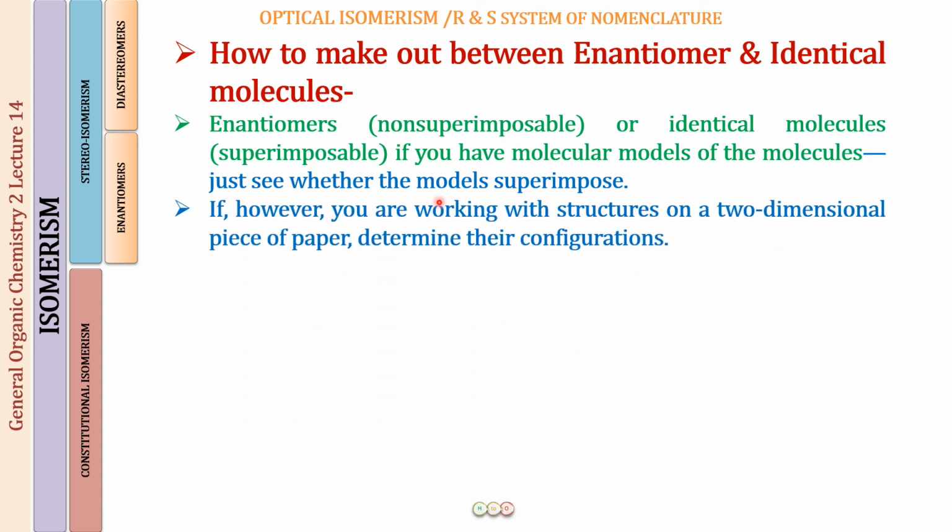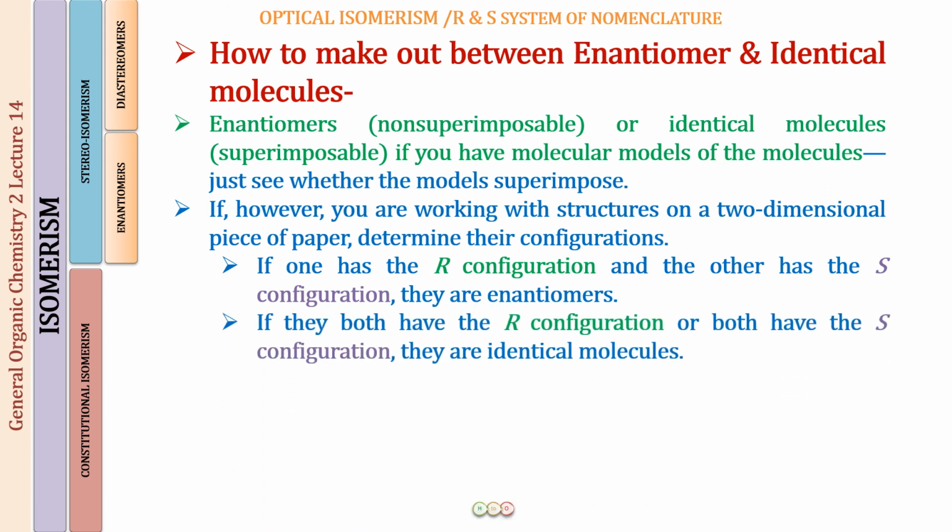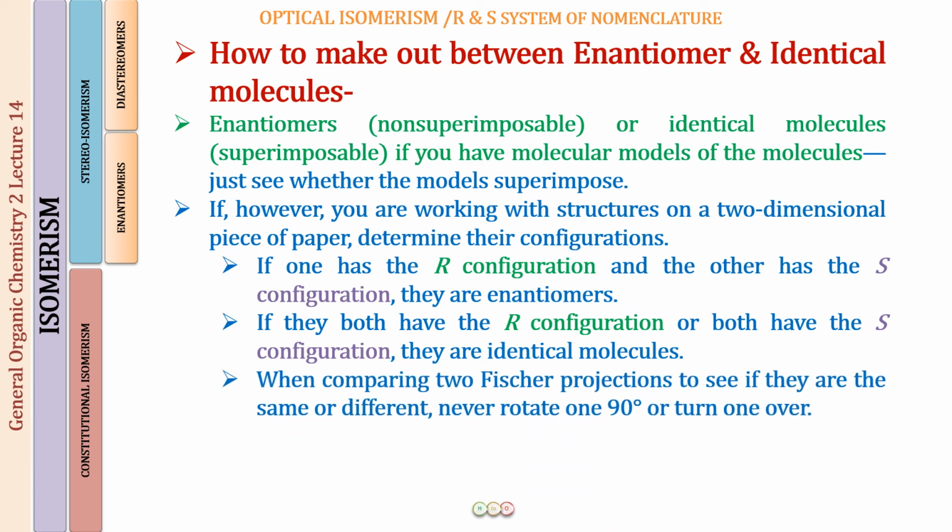So you have to work with the two-dimensional piece of paper and determine their configuration. So do that. Find out what it is going to be. Is it going to be a R configuration or it is going to be the S configuration? If one of the compound has the R configuration and the other has the S configuration, okay, so they are going to be enantiomers. And if both of them they have the R configuration or both of them they have the S configuration, they are going to be identical molecules.